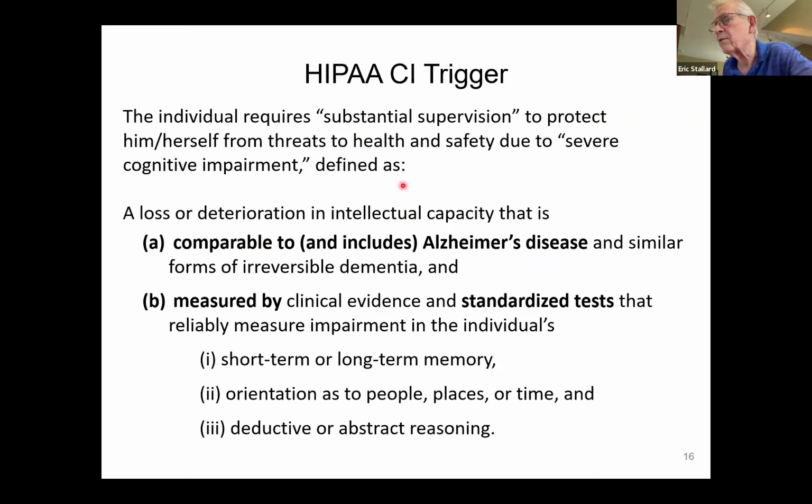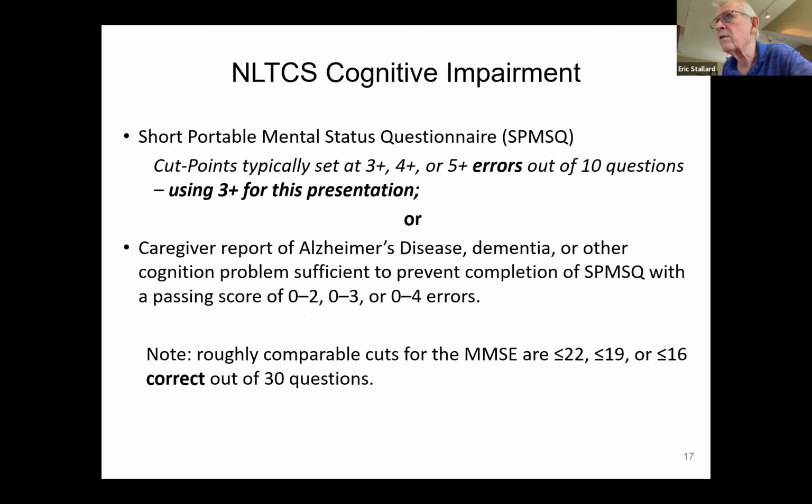The trigger is well defined. The references contain the site. It's actually the Internal Revenue Service that put out these rules. The cognitive impairment is simulated. The HIPAA trigger is simulated using data from the survey, and this slide shows you how we did it, and you can go to the SOA report and you'll get the exact precise details of how we did that.